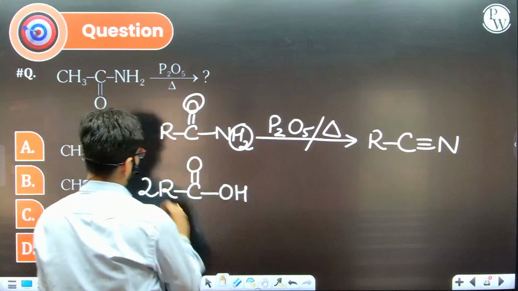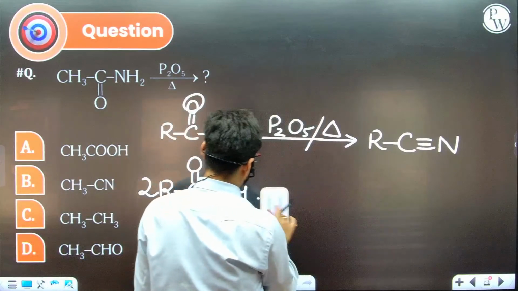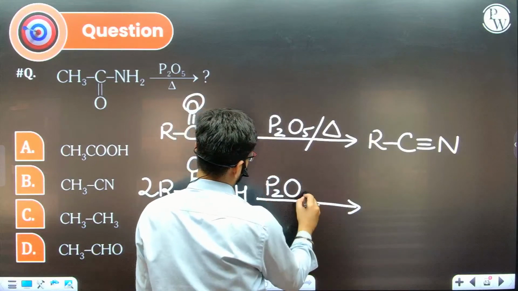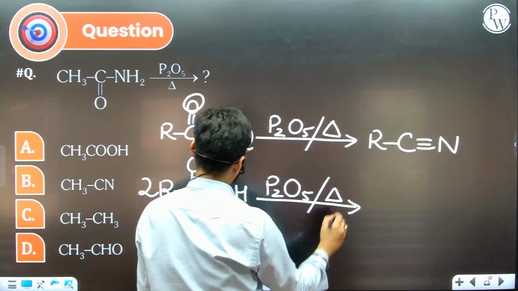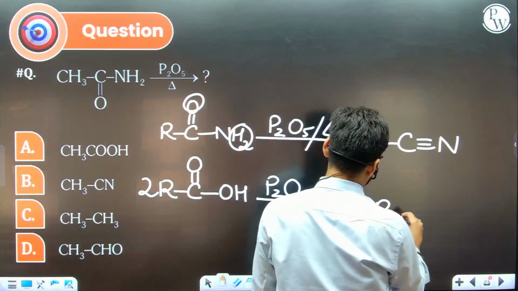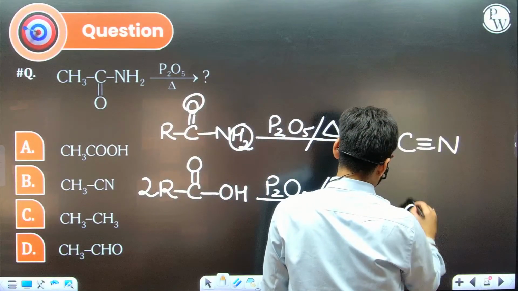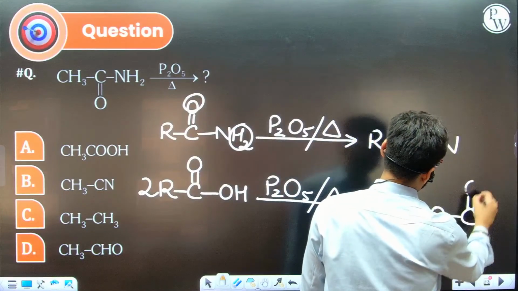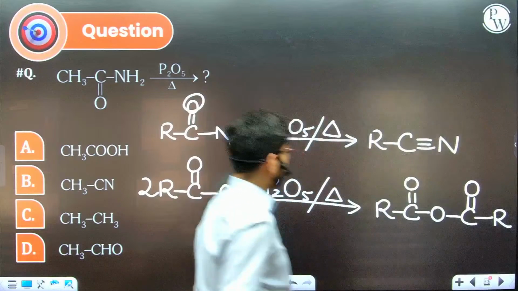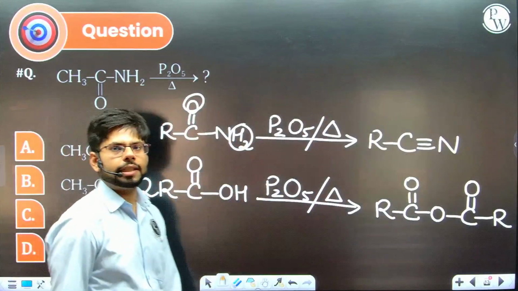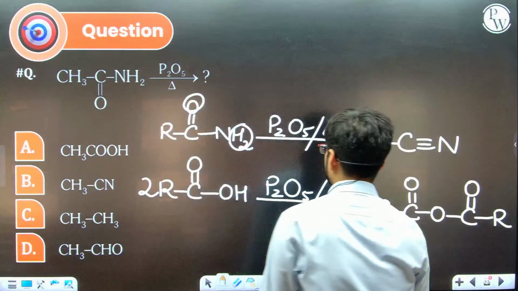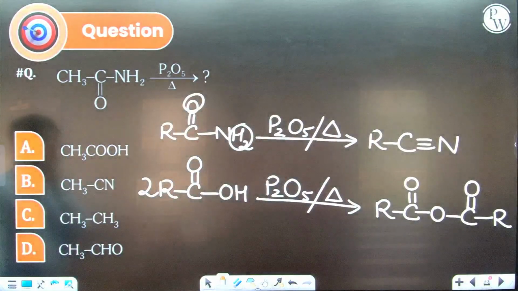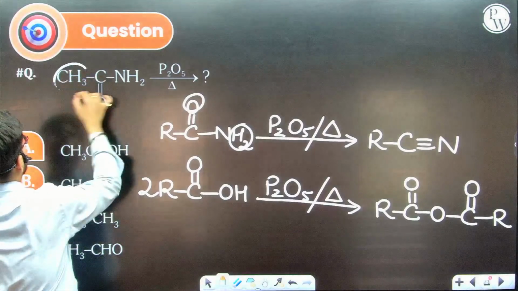Same logic used for dehydrating carboxylic acids. So P2O5 is acting as a dehydrating agent. So in this question, this is R, right?